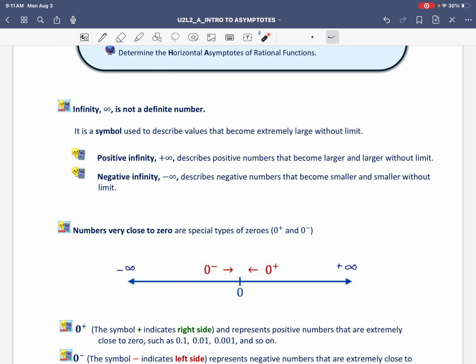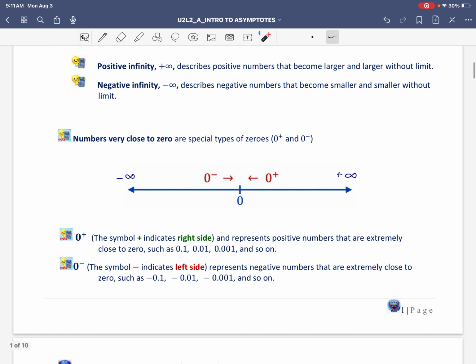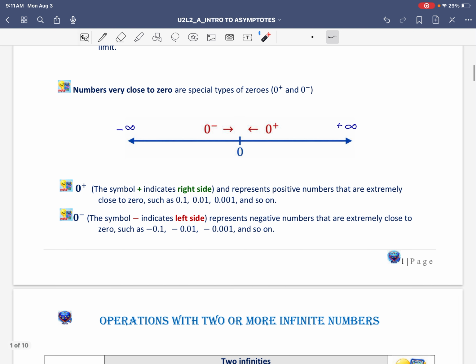Next, let us consider numbers that are extremely close to 0: 0 minus, and 0 plus. The symbol 0 plus represents positive numbers that are very close to 0. The positive sign indicates that these values approach 0 from the right side of the number line, and it is not an exponent. Examples of numbers that approach 0 plus are 0.1, 0.01, 0.001, and so on.